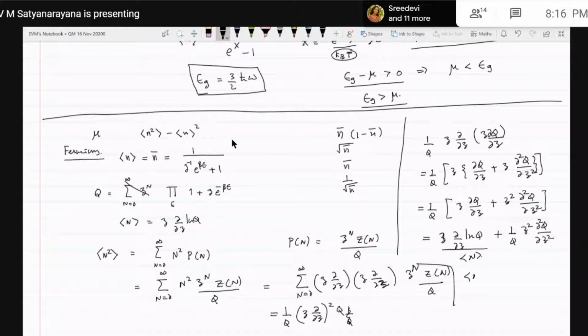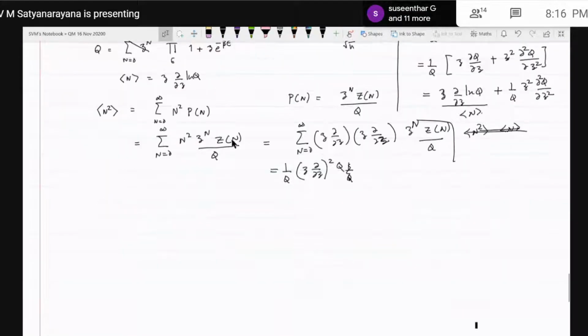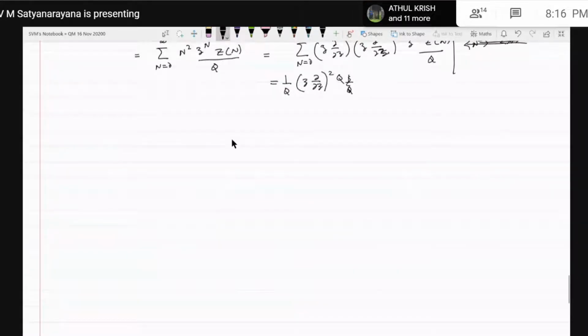So we can write average n square minus average n. No, sorry, we cannot write that from here. So here you can write average n square is equal to 1 by Q into z dou Q by dou z plus z square dou square Q by dou z square, and you already know that z by Q into dou Q by dou z is equal to average value of n.